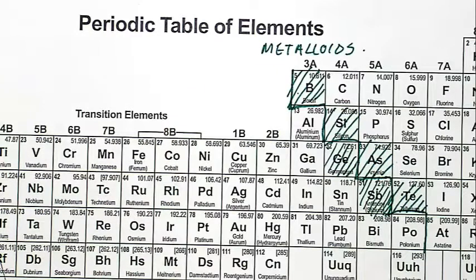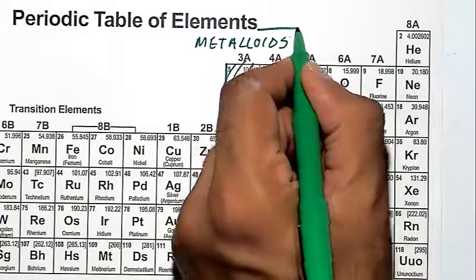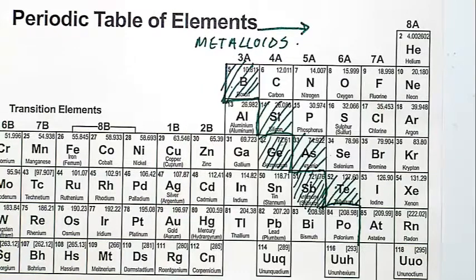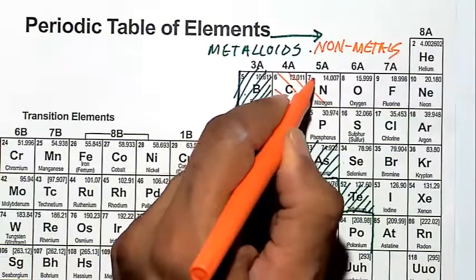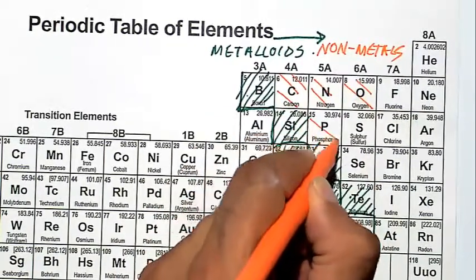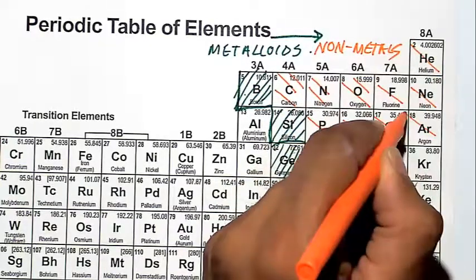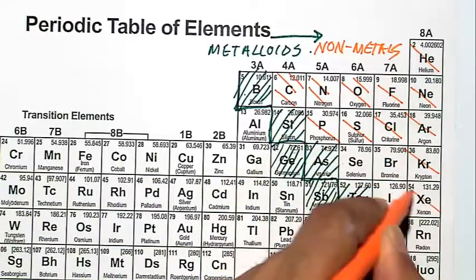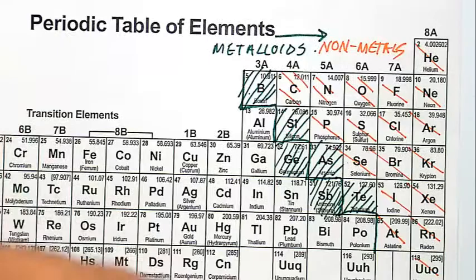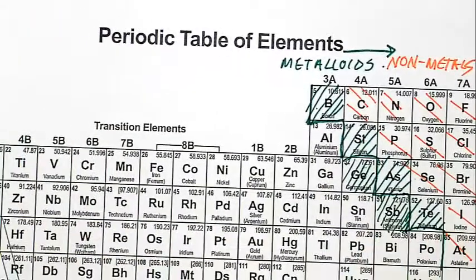They're going to have properties of both metals and nonmetals. Anything to the right of this are your nonmetals. That would be your carbon, your nitrogen, oxygen, phosphorus, sulfur, chlorine, fluorine, all your noble gases. These are nonmetals. Anything to the left of the metalloids are known as metals.